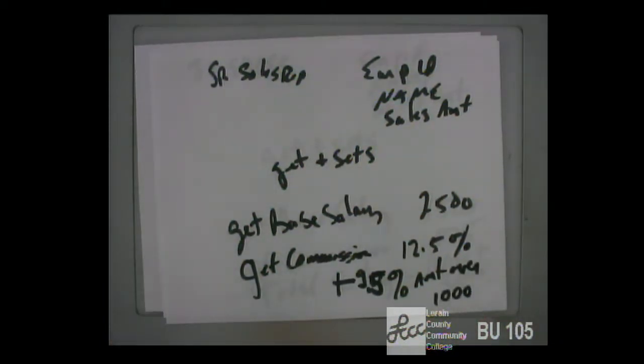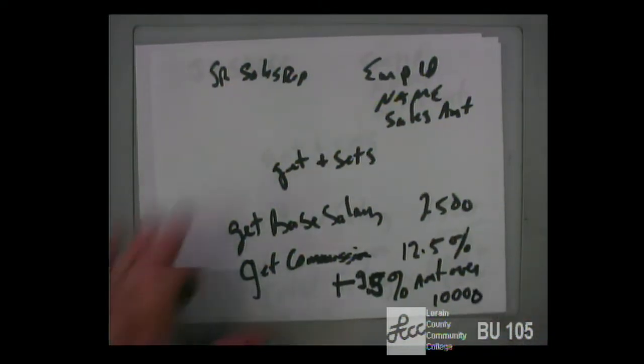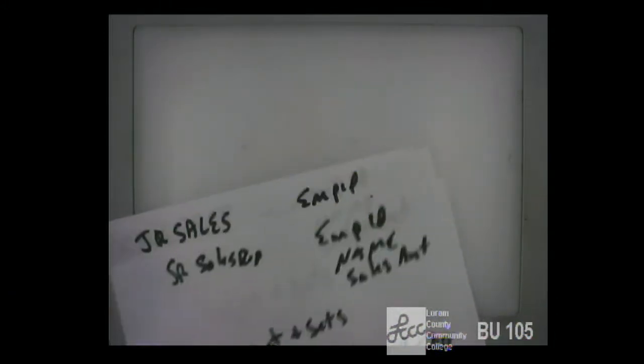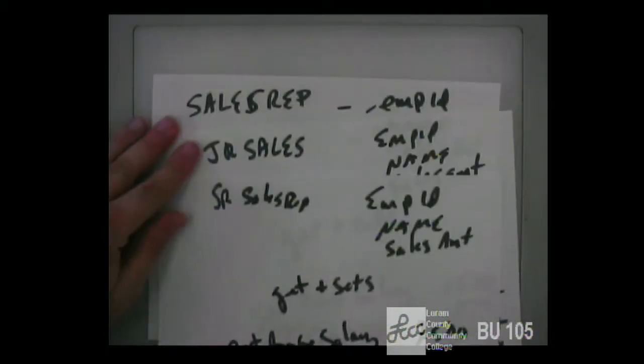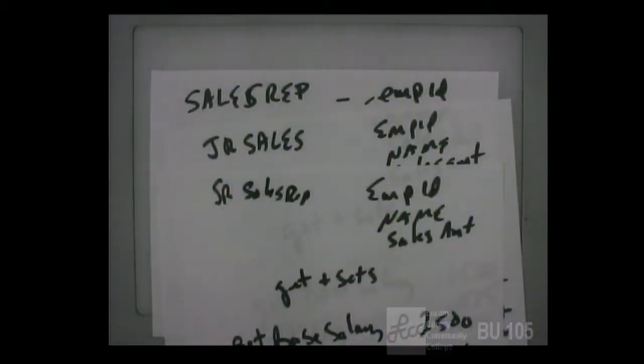So in other words, if they sold 12,000, they'd get 12.5% of 12,000 plus an additional 2.5% for the amount over 10,000, which would be 2,000. They'd get the additional 2.5%. Okay, so these are the three things that we need to build.